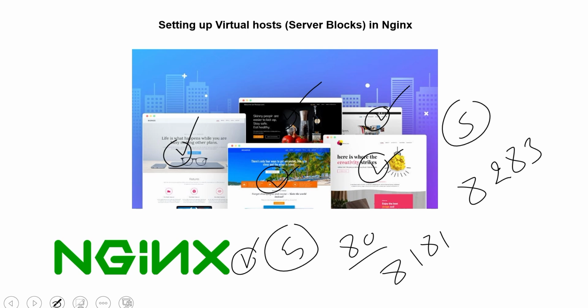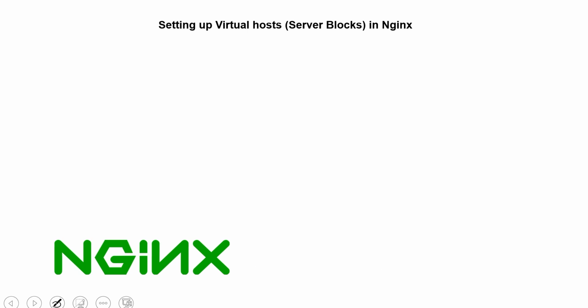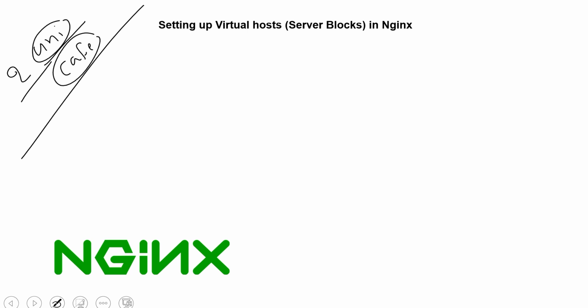Also, you can use a DNS server so that by calling the server name, each website that you want is browsed for you. How does it work? Think of this: here we have 2 websites, one made for a university and one made for a cafe, with different files, different configurations, and different behavior for different users.